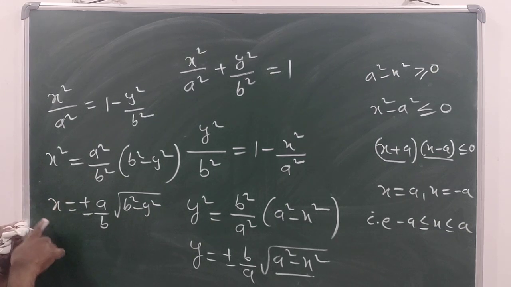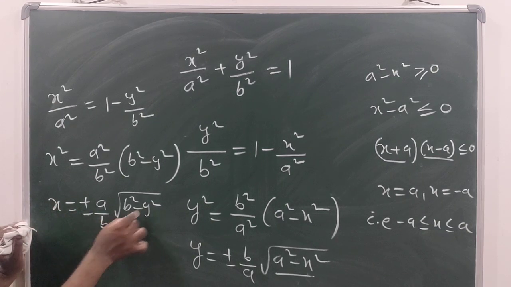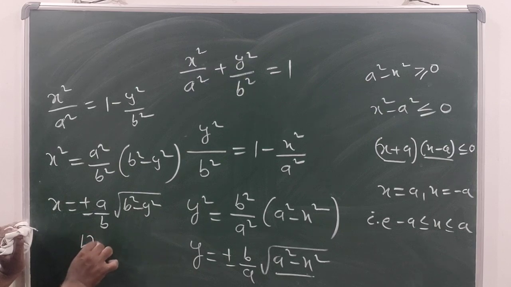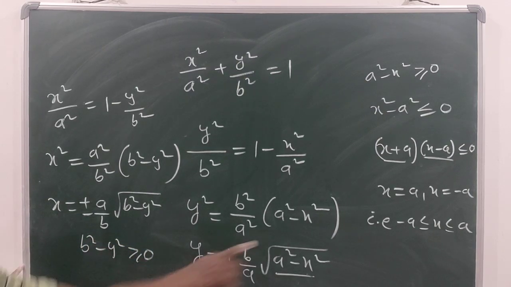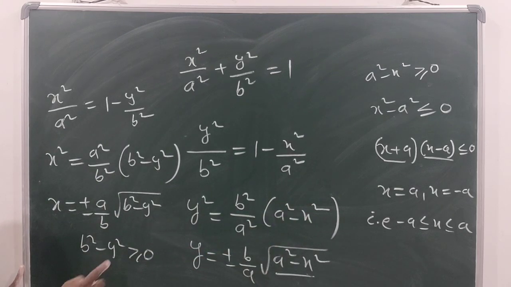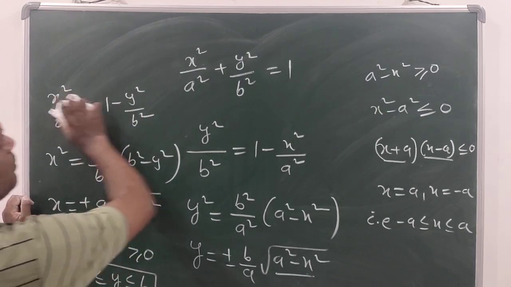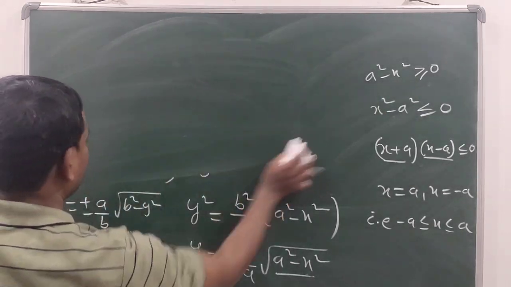If you would like x to be real, b square minus y square should be greater than or equal to 0. If you simplify the same way, your y value will be between minus b and plus b. Now observe this figure again.